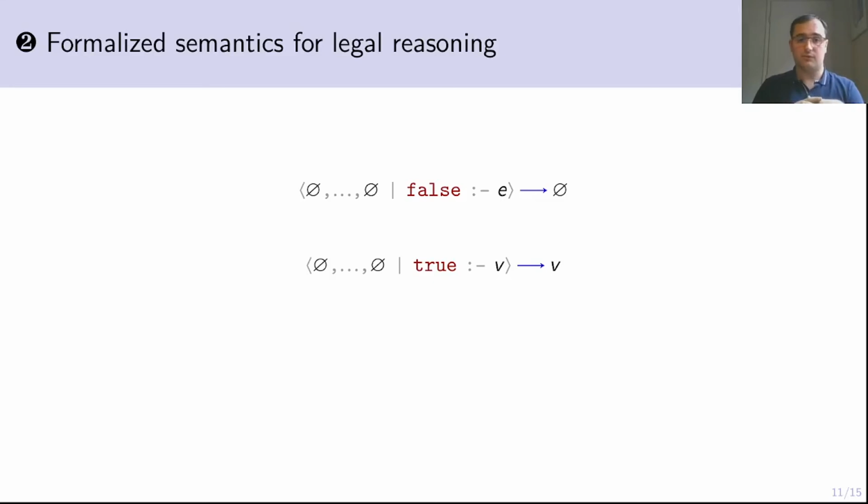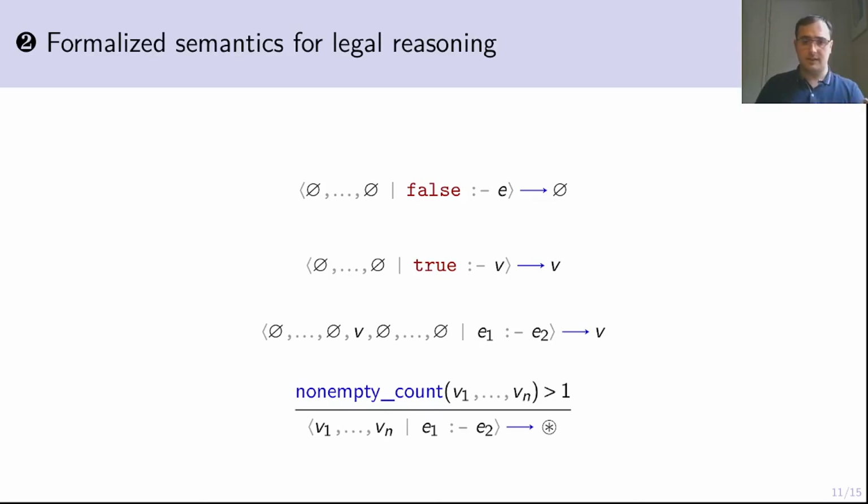If the condition for the base case is true, then we return the value of the consequence associated to it. Now, what if one exception triggers and all of the others don't? Then we just return the value associated to that exception. And this encodes the priority of the exception over the base case.